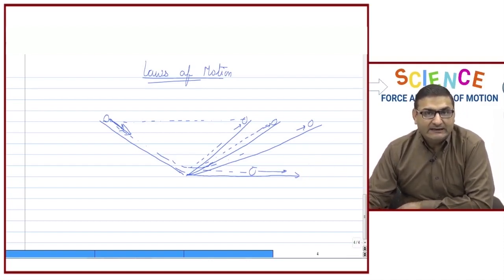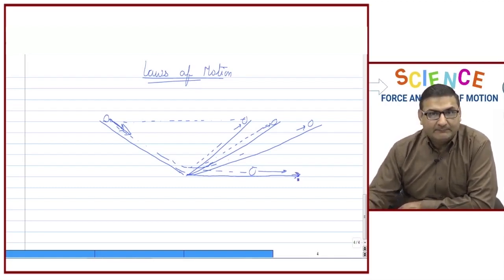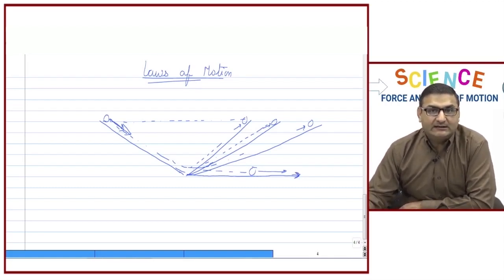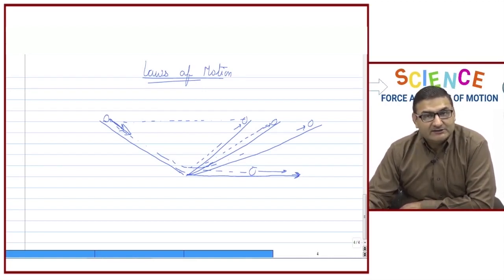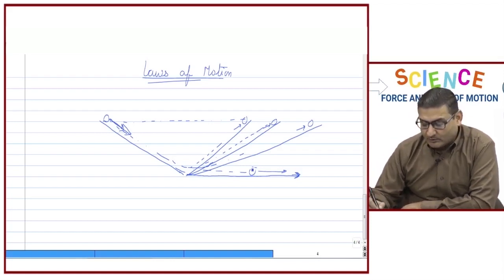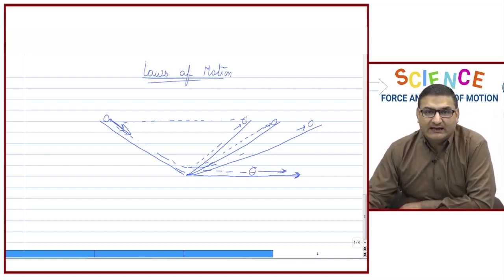Now theoretically it was quite fine to understand, to relate, but practically we see that this does not happen. Why does this not happen? Because importantly the frictional force once again comes into play. When this ball is sliding over this particular surface, the opposing frictional force will slow it down and after some time it will stop it.